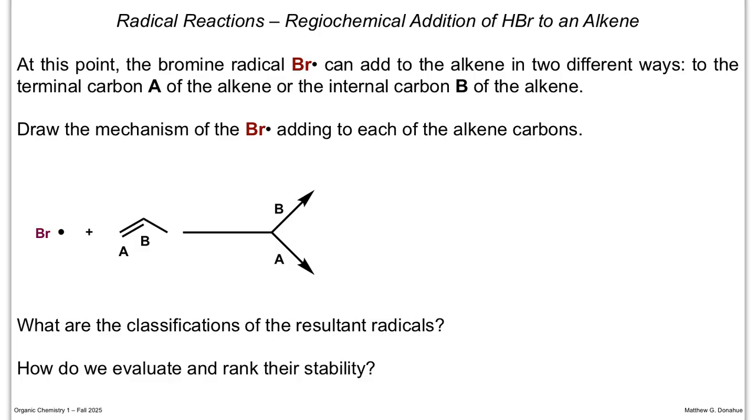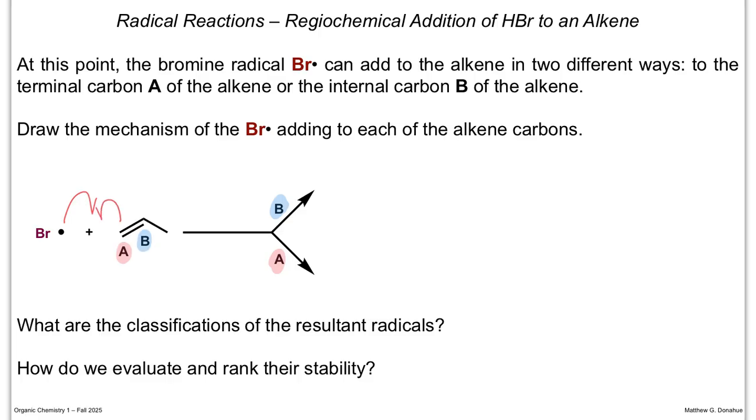So maybe what I'll do, let's use some different colors here. So the red arrows are going to show the bromine radical adding to carbon A. So we need to supply that one electron.